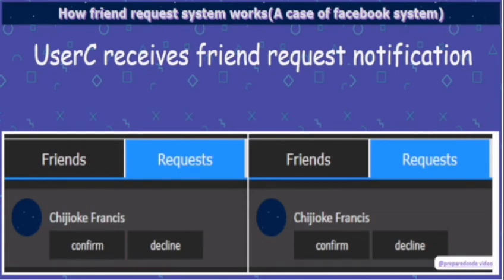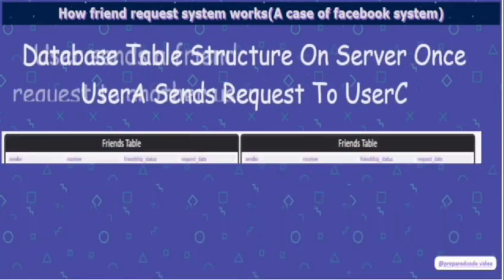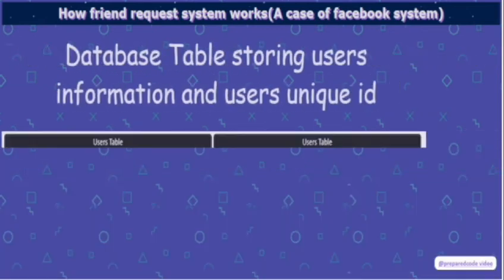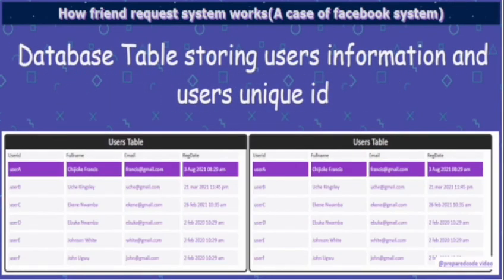Now, remember, once user A sends a request to user C, user C will receive a friend request notification. Now, user A on the database is Chijioke Francis. If you look at our database, you find out that user A here is Chijioke Francis, then user C here is Ekene Nwamba.